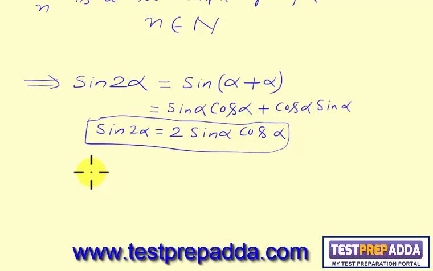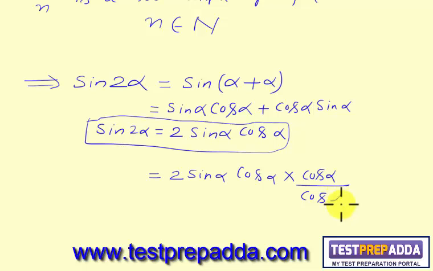Now, if we divide and multiply by cos alpha here, that means if I write in this manner, 2 sin alpha cos alpha into cos alpha upon cos alpha. So it will be 2, look at this part.